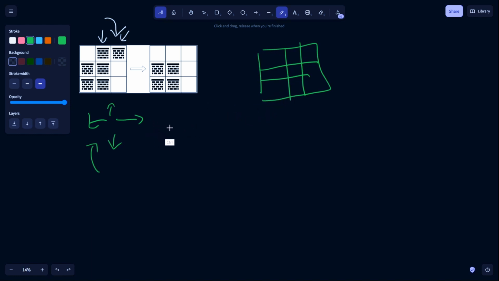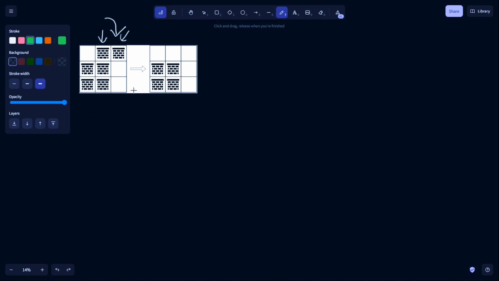So if that is not the case, we're given this grid. Most of the time, when we're doing some sort of movement, some transition from somewhere to some other place, maybe we can model this as a graph.